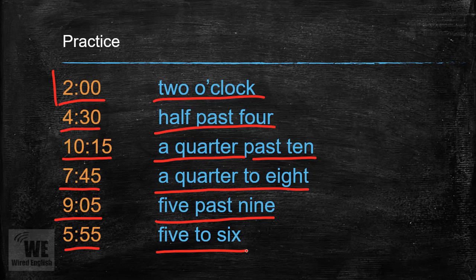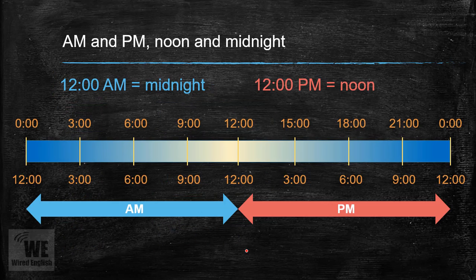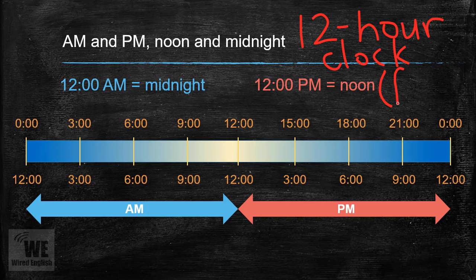Okay, now another important thing to keep in mind is that in America, we often use the 12-hour clock or the 12-hour format. All this really means is that in America we often use AM and PM in our time.